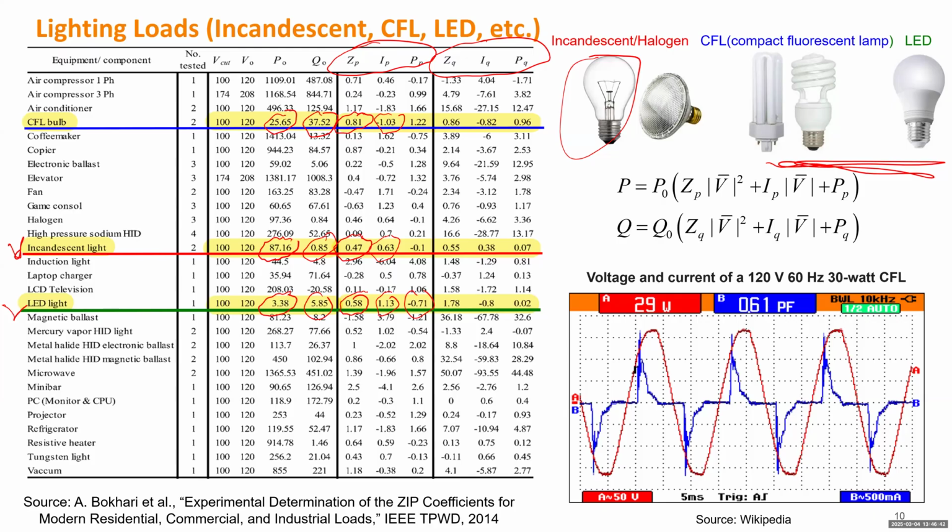For this case, if this is the peak value of voltage, that's the peak value of the current. You have to do a Fourier transform to change this blue curve into different harmonics, from the fundamental to high order harmonics. The fundamental may have a phase shift, and there are also other harmonics. So they will introduce reactive power. Reactive power is just a measurement of how different the voltage and current waveforms are.